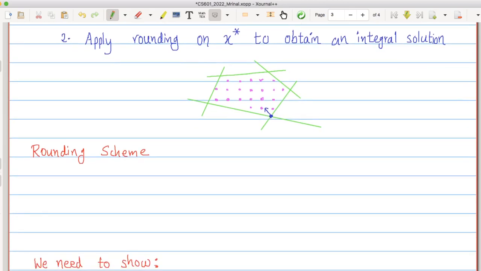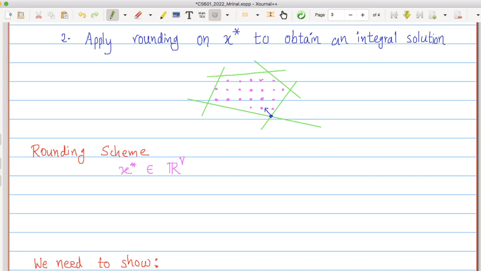So how to construct that subset, that's what we are going to describe here. So this x star, remember that it's a point belonging to R to the V, so meaning it has one coordinate for each vertex, right?